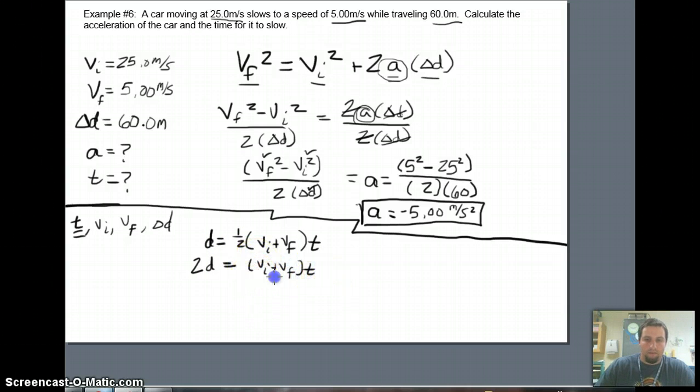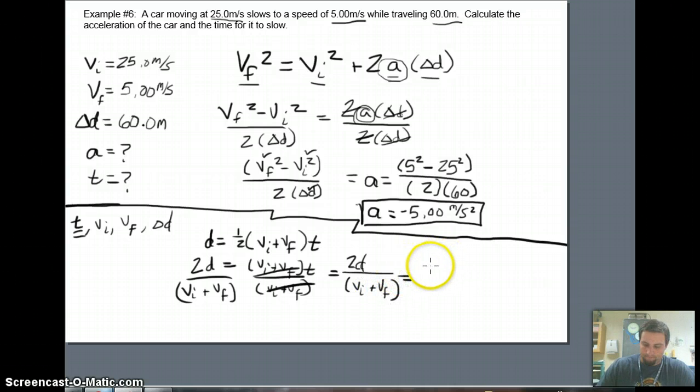Then we'll divide by the quantity VI plus VF, and that cancels out. I'm going to rewrite this over here: t is equal to 2D over VI plus VF.